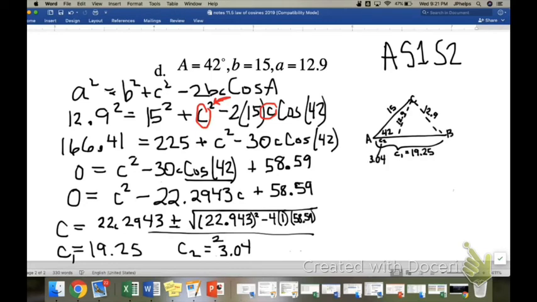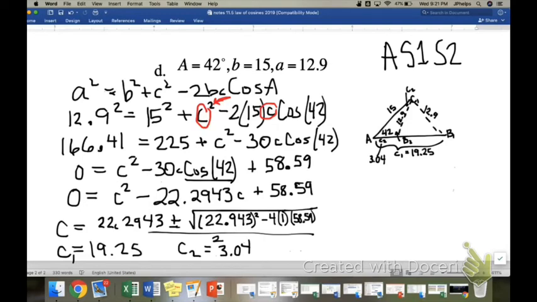So we still need to find our angles, B1, C1, and then we need to find C2 and B2. Now once we find B1, we can subtract B1 from 180 to find angle B2.